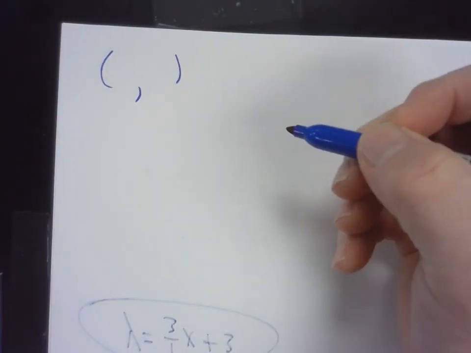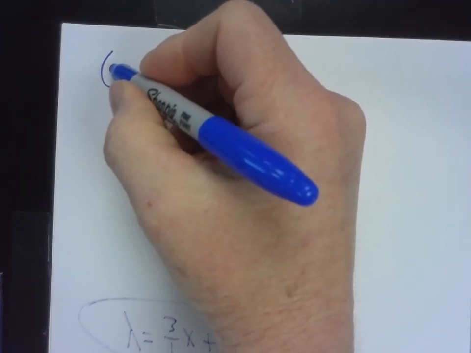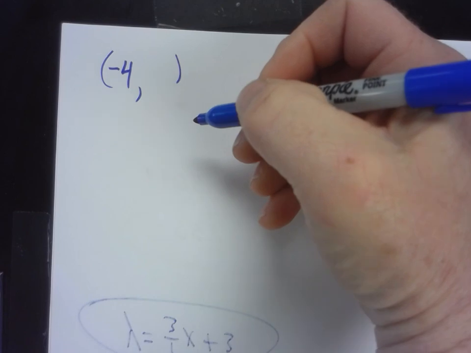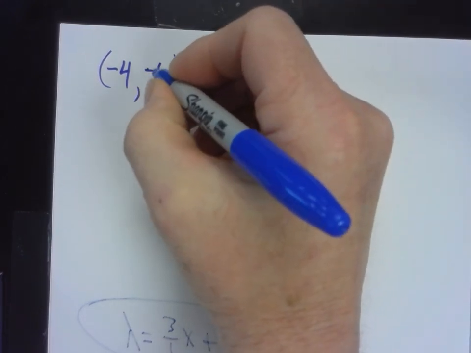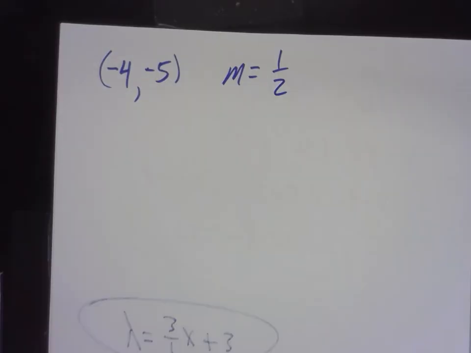I'll just do a point. Negative 4, negative 5, and here's a slope, 1/2. So I want you to write this equation in point-slope form, and then I want you to convert it to slope-intercept form. I want you to solve for y.